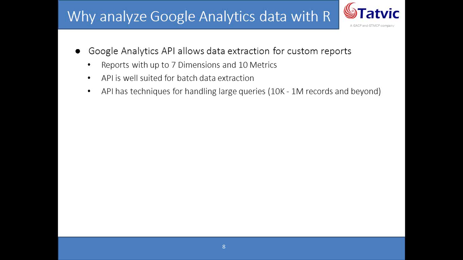Therefore, I'd say the API has a technique to extract large queries and break them down into smaller chunks by pagination and make them available in R, so that the sampling impact is reduced for the data analysis that you may do.